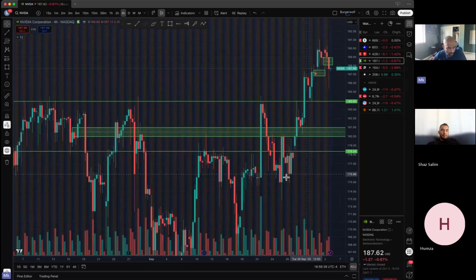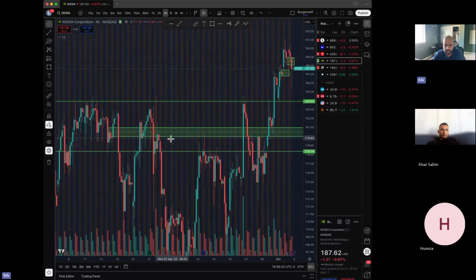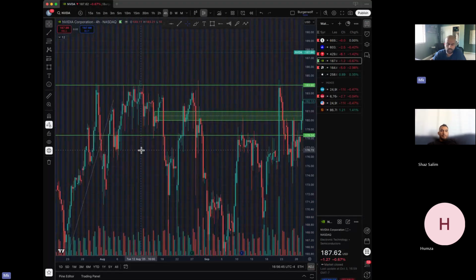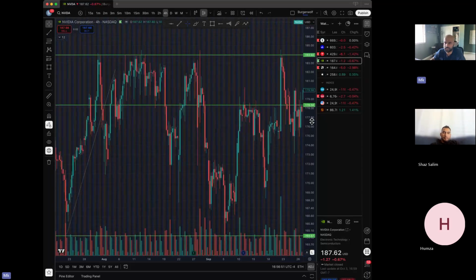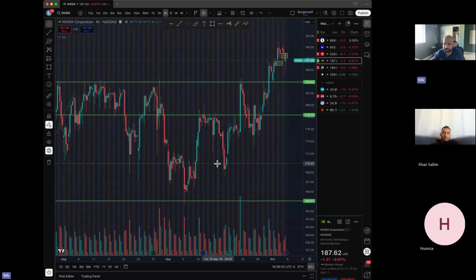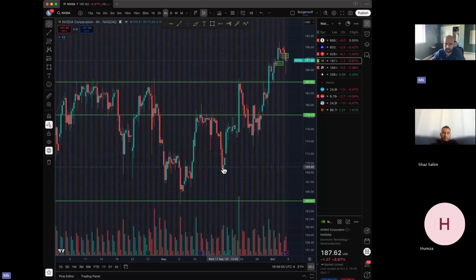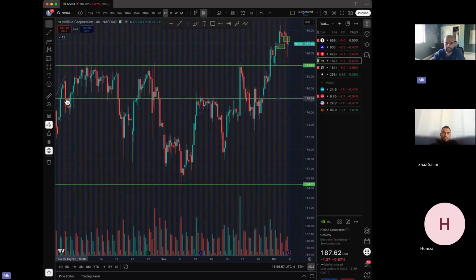The way I look at it, I'm looking for an area that has a really sharp move off a small body candle. So here's one to the short side. Actually, this is to the long side right here.